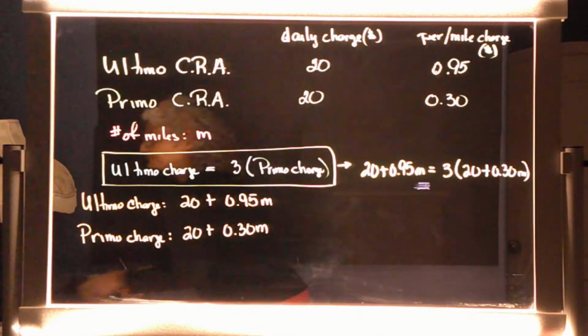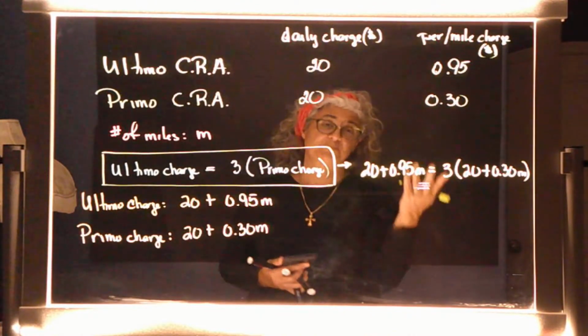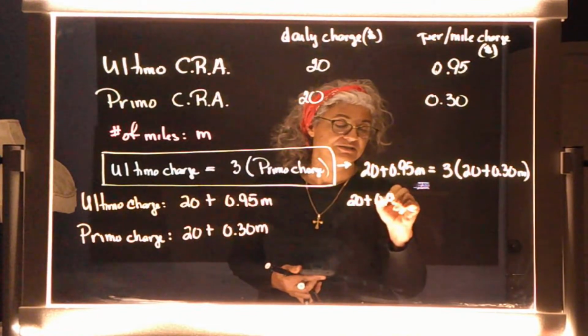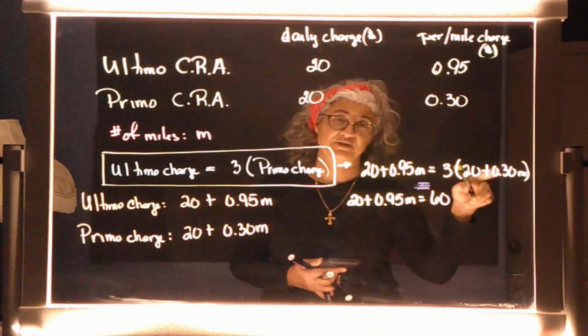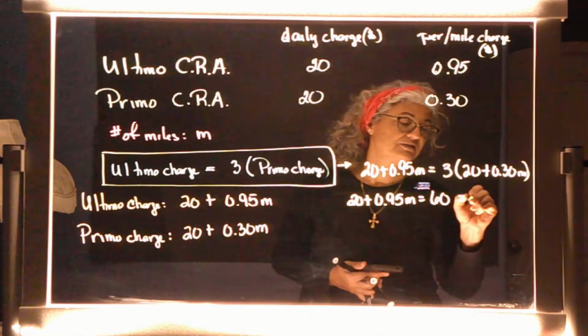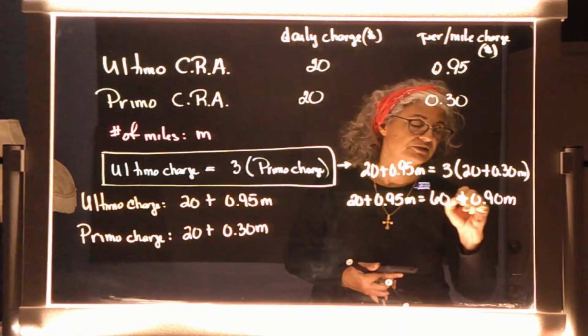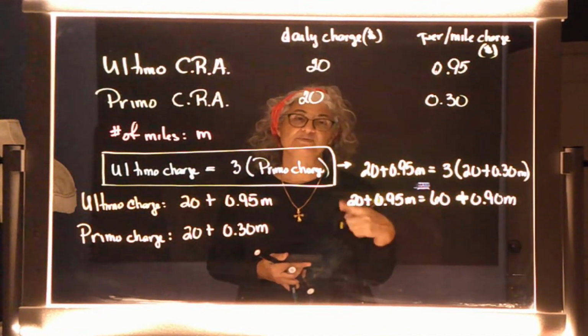Okay. I don't know why they would want to know this, but so be it. So let's start doing our solving. I'm going to have to multiply the right side. I'm going to have to distribute that 3, correct? Whoops, that's an addition sign. Sorry, guys. And then I have to collect the m's on the same side.